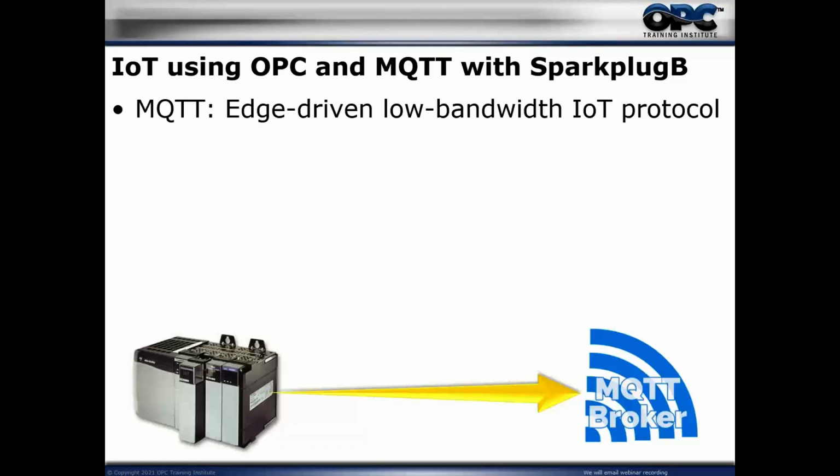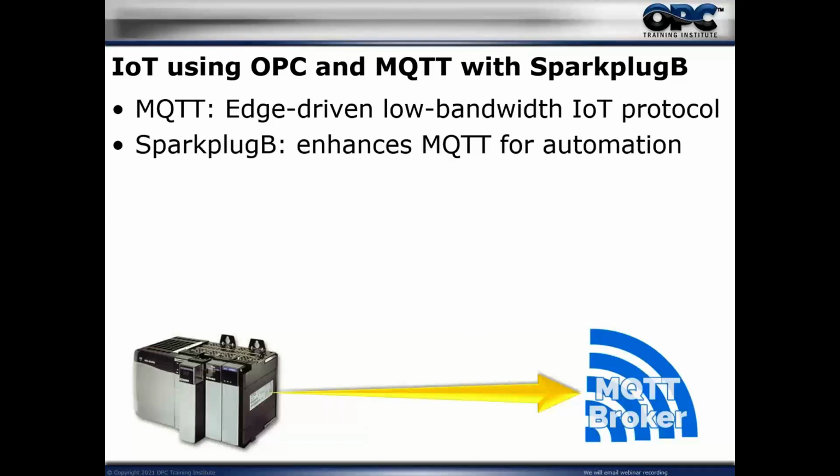We'll talk about a broker in a little bit, but this is edge-driven, unlike OPC, which is controlled by the client. The client is initiating communication with the server. In this case, a publisher is going out from the edge and sending out its requests. That's quite important, as we'll see later on.